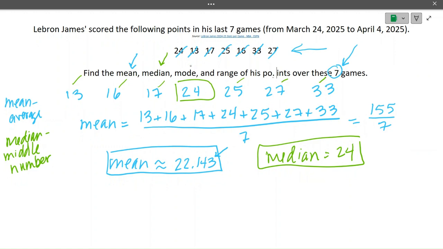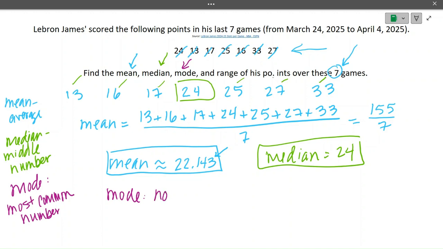All right, the mode. So our mode is the most common number. Okay, so let's look at our data set. Do you see a number that is repeated more than once? There are no repeated data. So that means there is no mode.